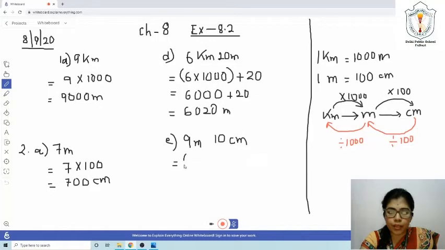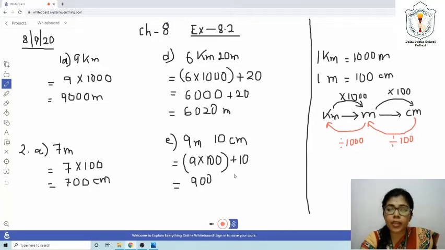So simply within brackets, 9 into 100. Don't write 1000 because meter is given and you have to convert into centimeter. So 100. Please children, don't make this mistake. And what is remaining? 10 centimeters. So simply we add 10. So 9 into 100 is 900.